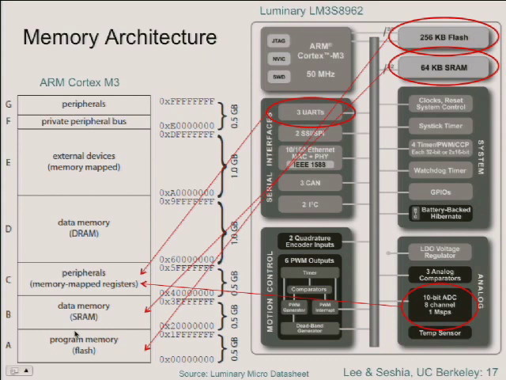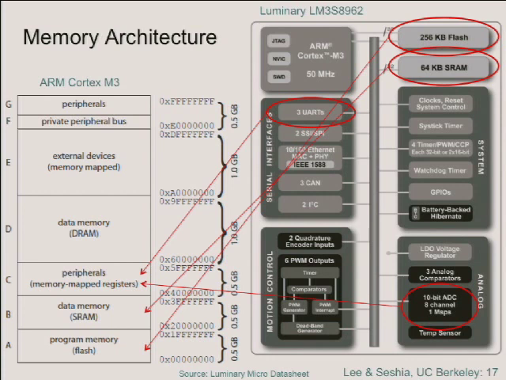The architecture allows up to a gigabyte worth of addresses for flash memory. But a particular implementation will not want to spend that much money, and so most of these addresses will have nothing there.